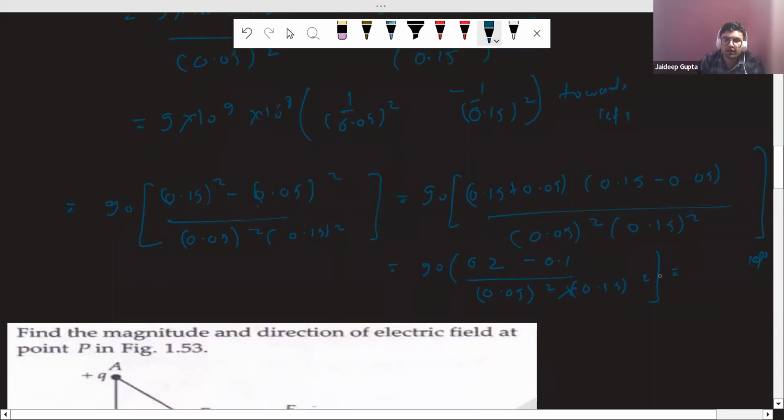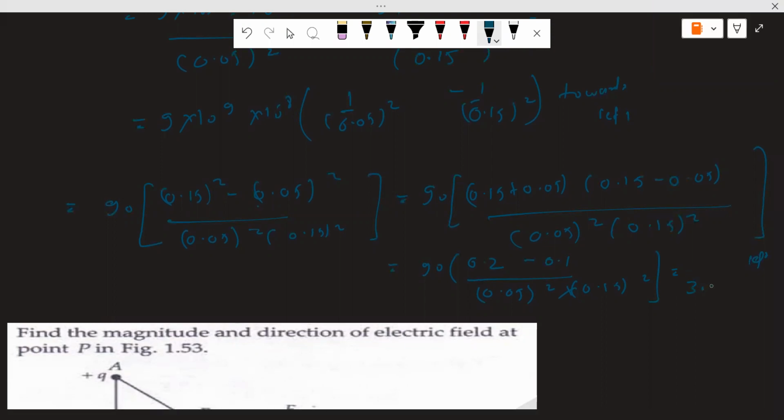Iram, how much will you get? 3.2 into 10 power 4 Newton per Coulomb. Are you sure? Yeah. Let me check. Give me a minute.